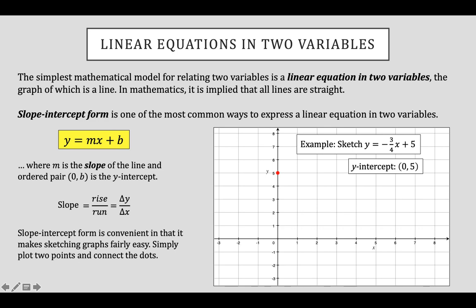That means from our y-intercept, we can go down 3 units and then to the right 4 units. That brings us to the ordered pair (4, 2), where we can plot our next point. Now that we have 2 points, we play connect the dots and we have a sketch of our graph.